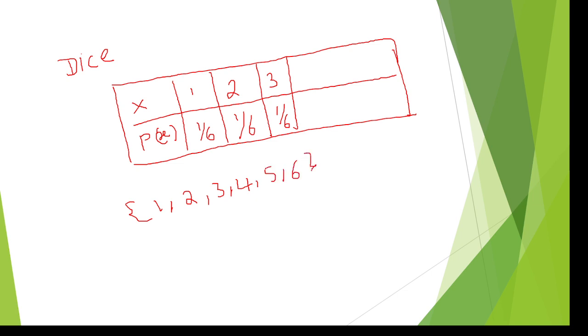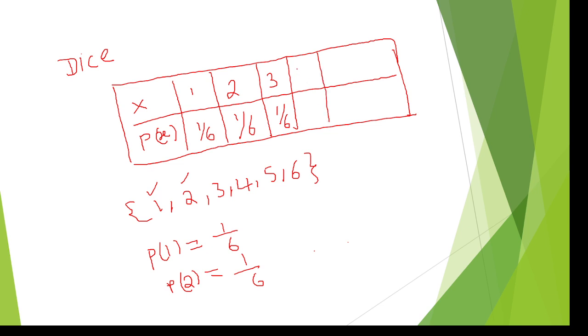According to probability, it is the number of favorable outcomes divided by the total number of outcomes. Only one favorable outcome is there out of 6. Similarly, we can get all of them.